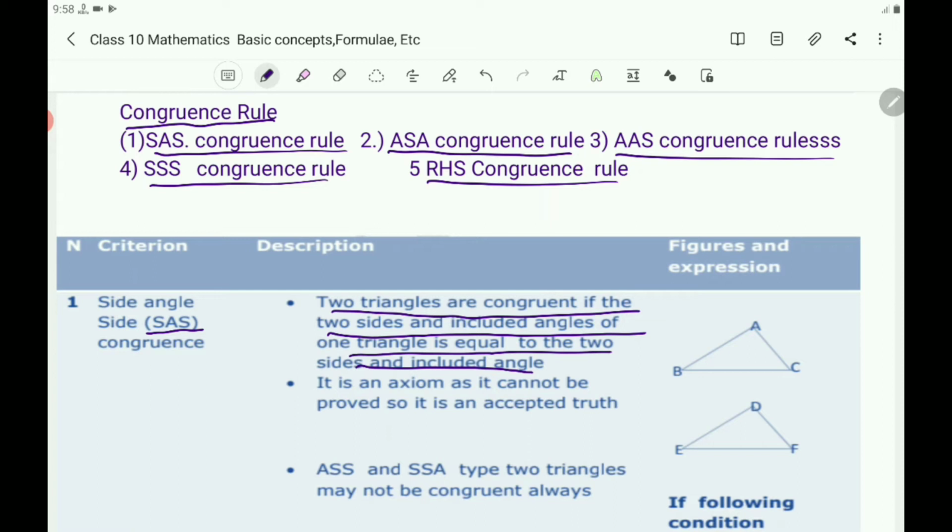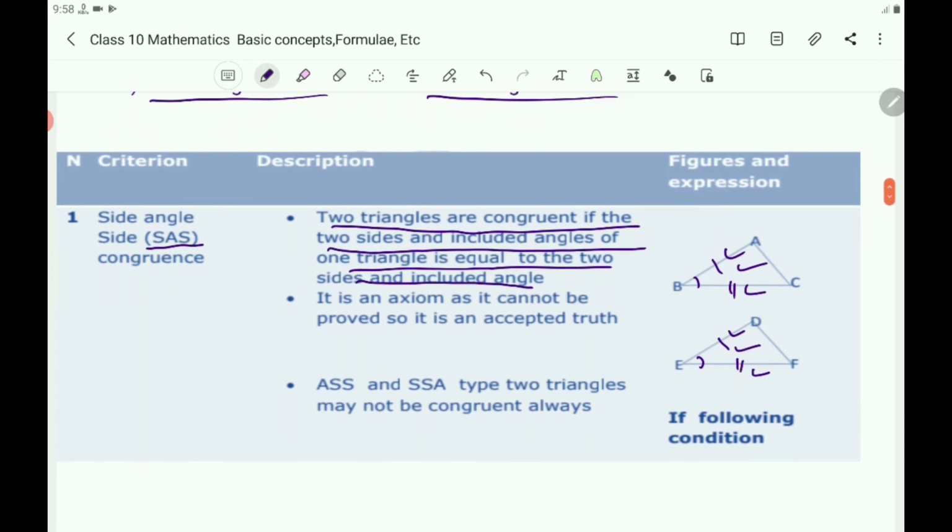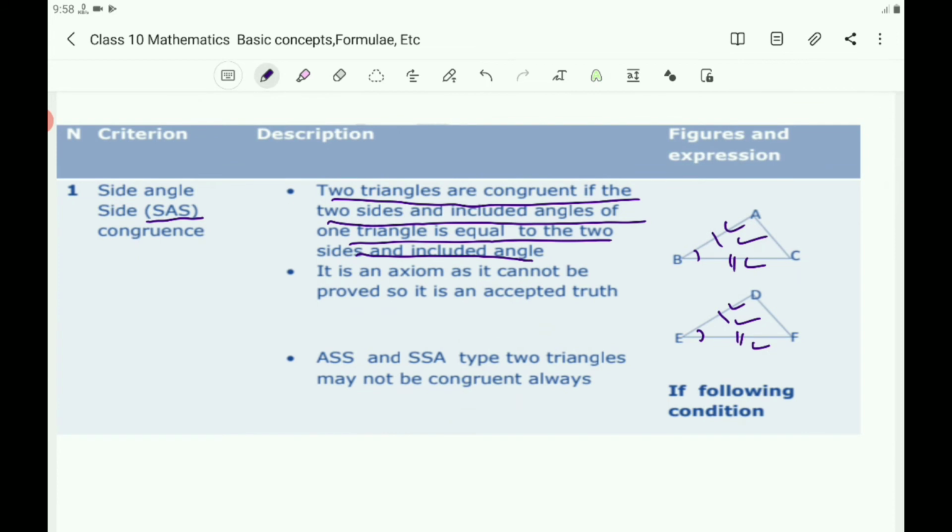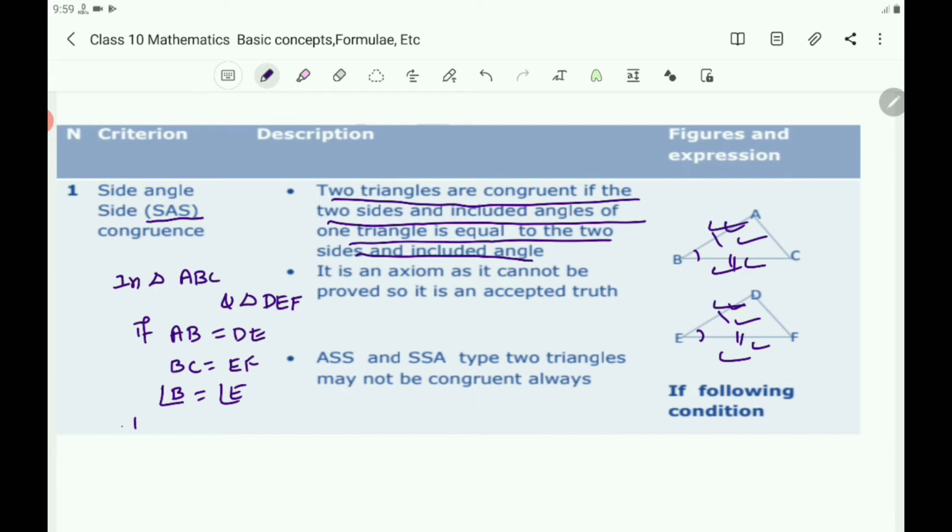So if you take these two triangles ABC and DEF, here AB equals DE and BC equals EF, and the included angle of the sides AB and BC is angle B. Similarly, the included angle of the sides DE and EF is E. So in triangle ABC and triangle DEF, if AB equals DE, BC equals EF, and angle B equals angle E, then what?